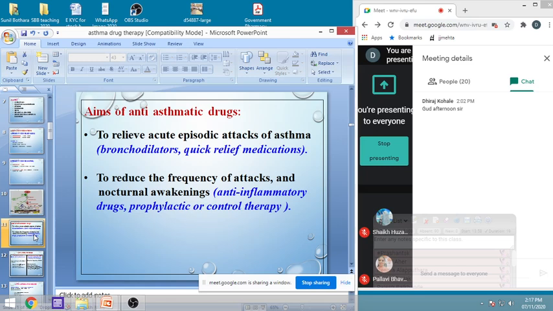So the drugs are used in two ways, therapeutic uses and prophylactic uses. Here we are using anti-inflammatory drugs as a prophylactic, or to have control over this bronchial inflammation.